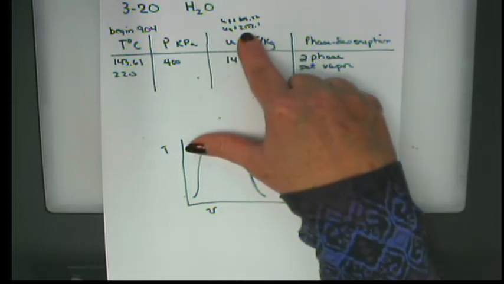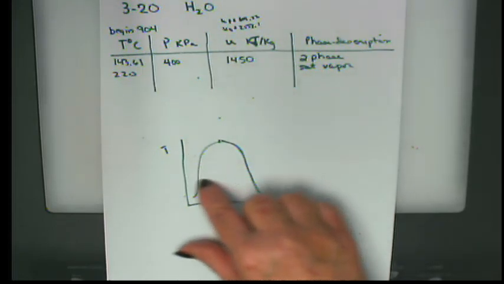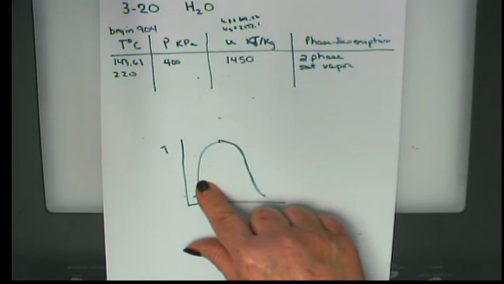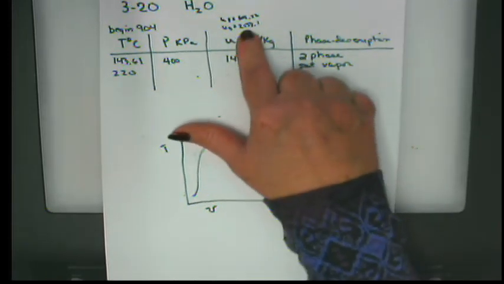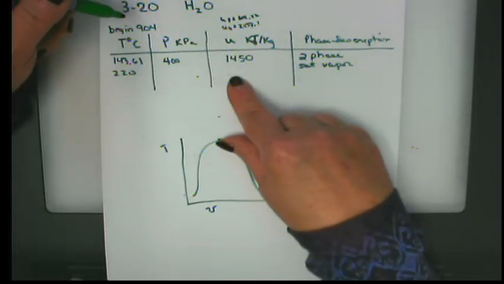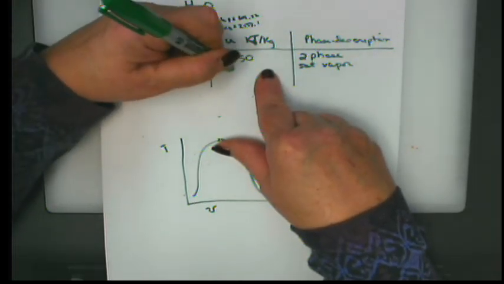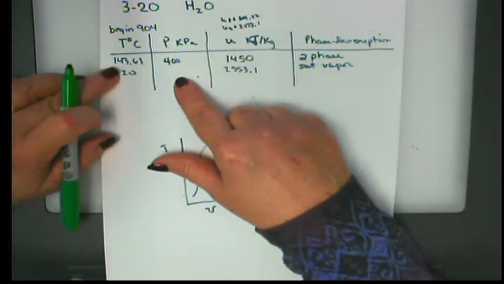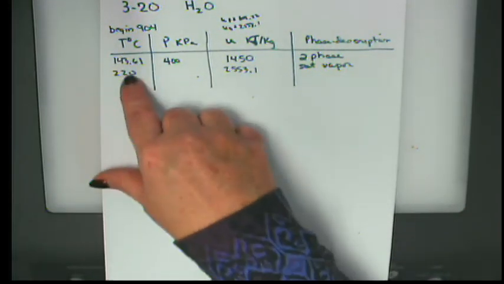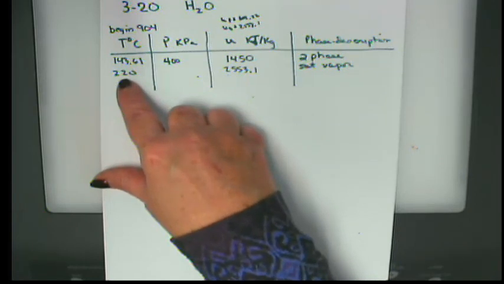In other words, this value. Because there's no amount of condensate or dew, we're at 100% steam quality. So my U value is 2553.1, but I'm still in that envelope. So whatever my saturation pressure is at 220.